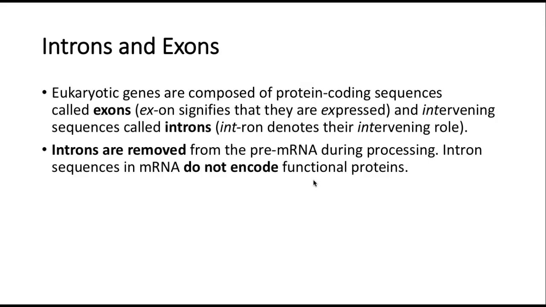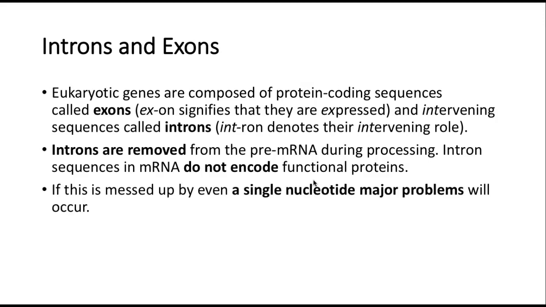Okay, and the reason that genomes, your genes, have these introns and exons is it gives your DNA a way to make many different proteins. I don't want to get too much further into it in this class, but just understanding that exons are expressed and introns are the intervening sequences, and the introns get removed during processing is enough.